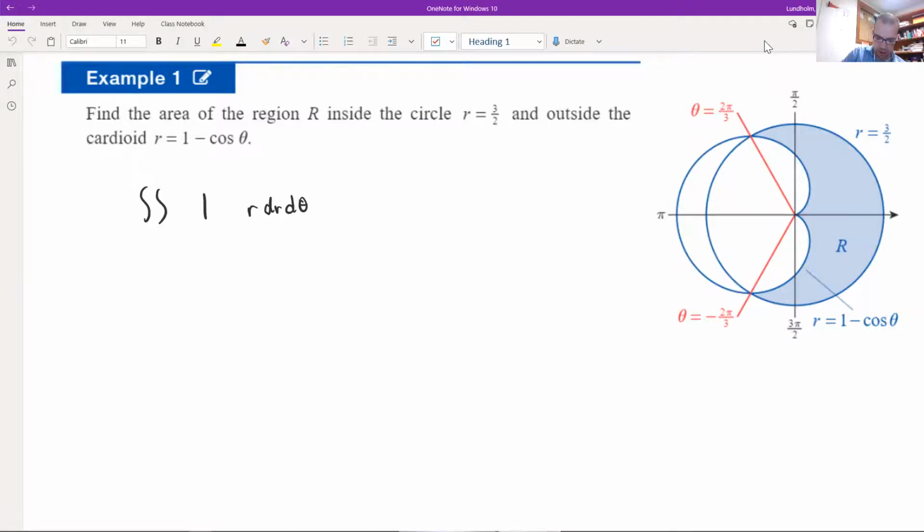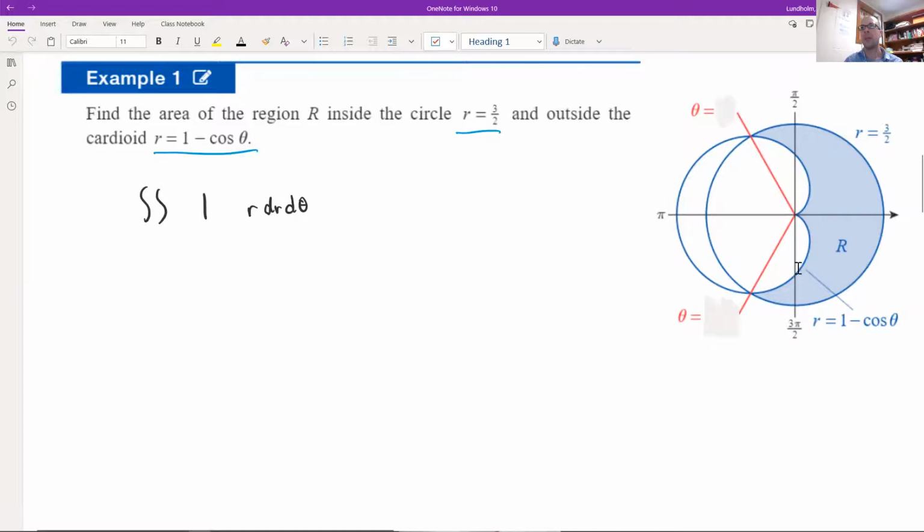Here, we'll erase the theta part at least. That's something that we should solve for. We've been given the fact that we've got those two functions, so that's no big deal. Those are going to factor in. Those are radii as functions of theta. Those are actually going to go as the boundaries of our first inside integral. So what we're trying to do is find the region inside the circle and outside the cardioid.